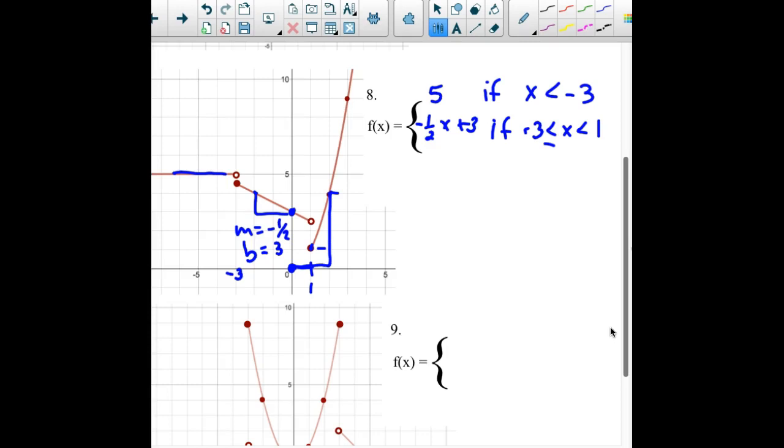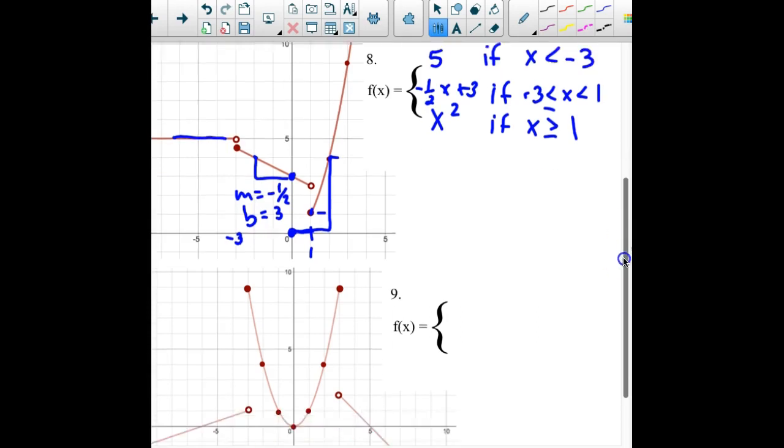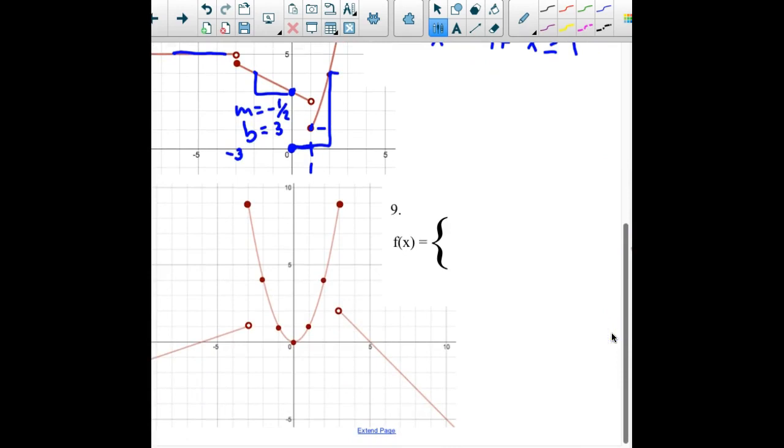So it's a normal parabola, vertex at the origin. We just cut off that part of our graph, right? We didn't want that part. So it's a basic x squared graph, but we want it for x's that are greater than or equal to 1. Does that make sense? Okay. Why don't you guys try 9? Help each other out.